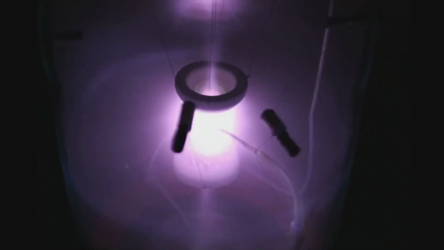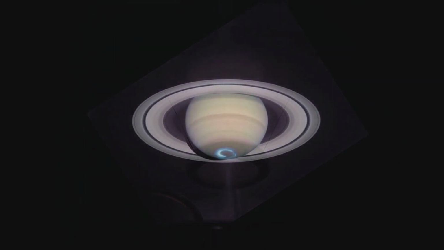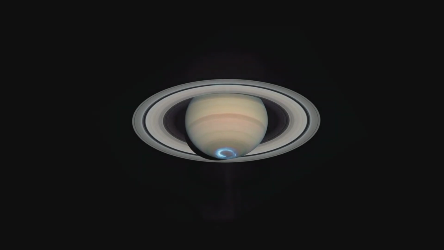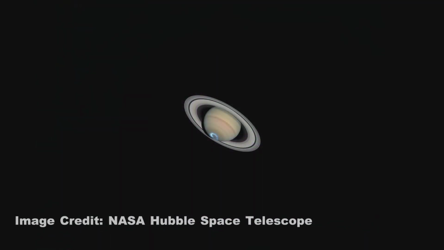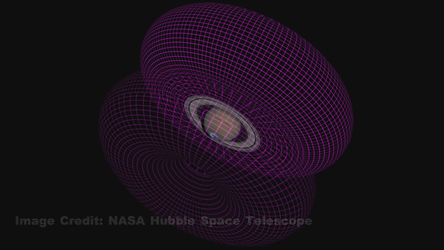Then we can see that the primer fields theories also clearly show the true reason behind the polar auroras on Saturn. Shown here is the basic magnetic field structure that exists around Saturn.